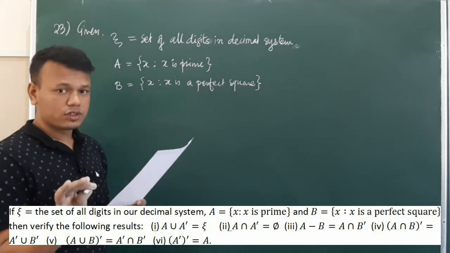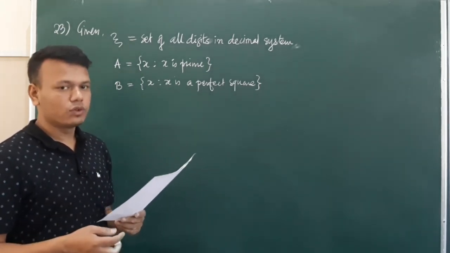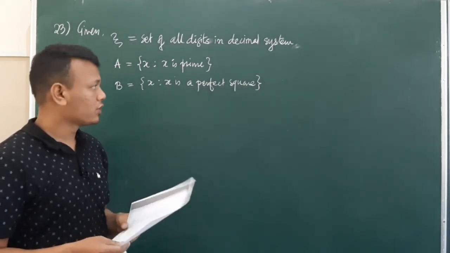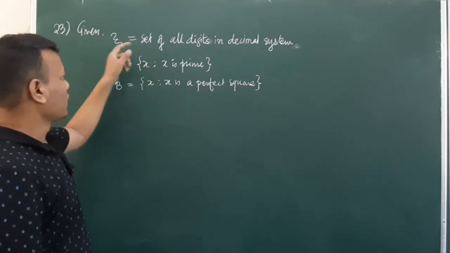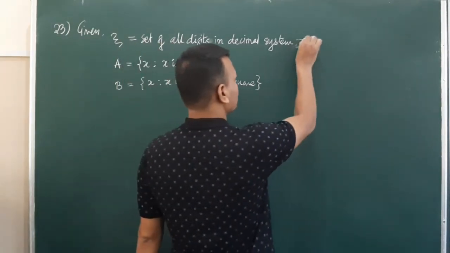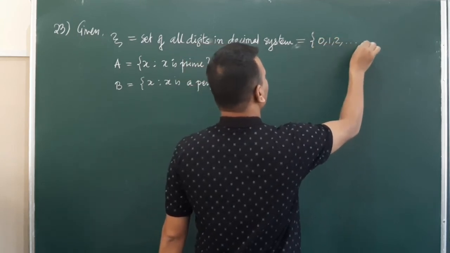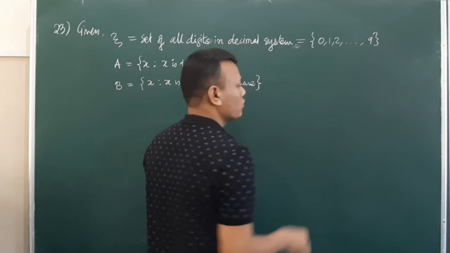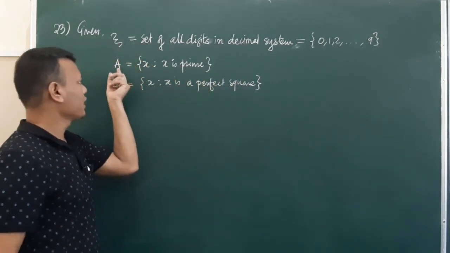There are 6 results given to you, so you need to verify them. Okay, I will take a few results, others you will try by yourself. So first and foremost, let's convert this into roster form. Xi is the set of all digits in the decimal system. So the decimal system means the numbers starting from 0, 1, 2 and continuing till 9. Okay, so basically a single digit number they are talking about. So we need to take A.